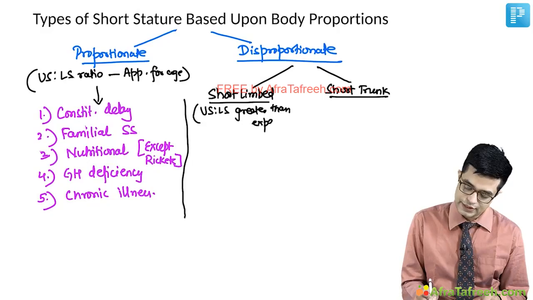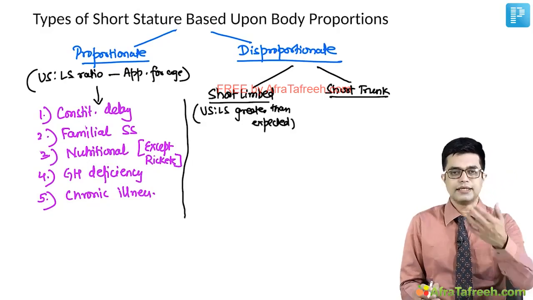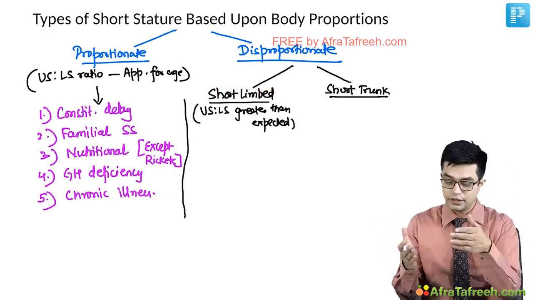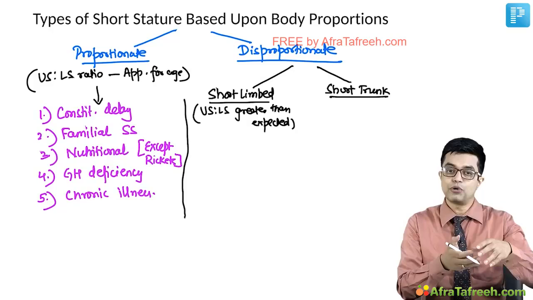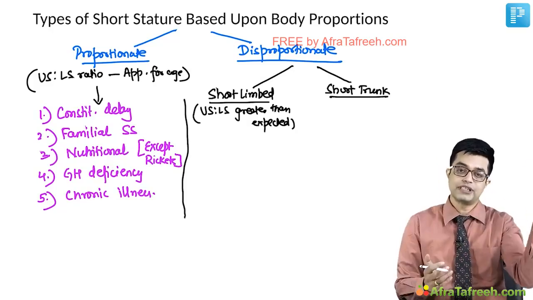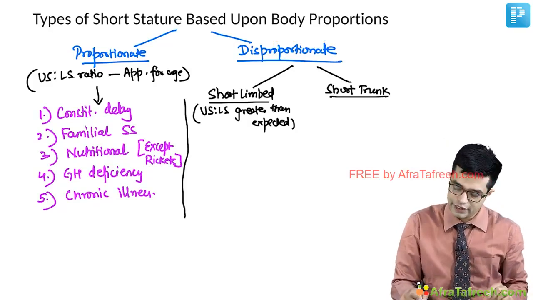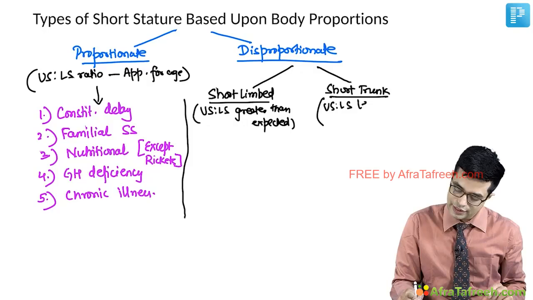Greater than expected means at a certain age, say a normal child was having 1.3 to 1 ratio, but this child is having 1.8 to 1. So this is more than expected. That will produce short limbed short stature, whereas short trunk will have upper segment to lower segment ratio less than expected for age.